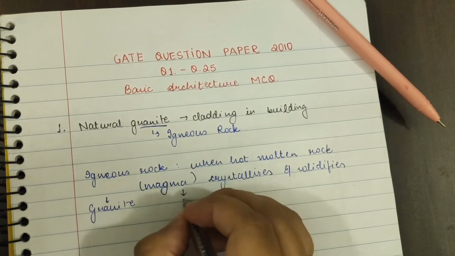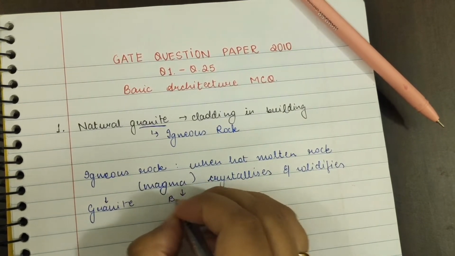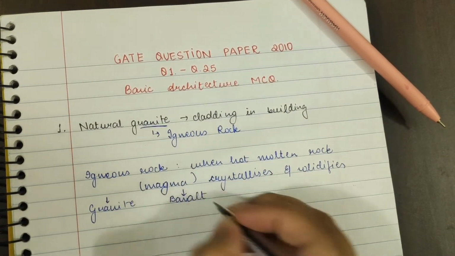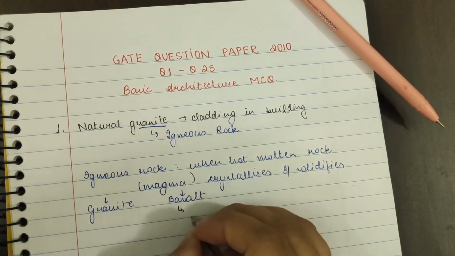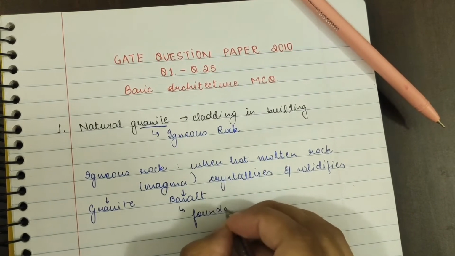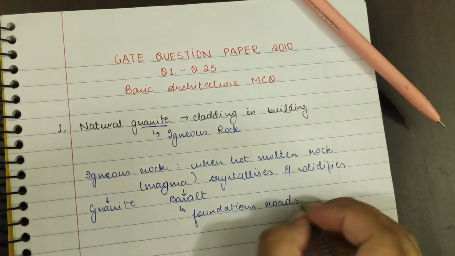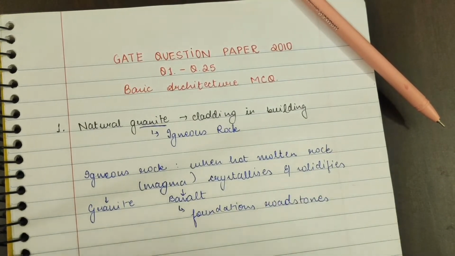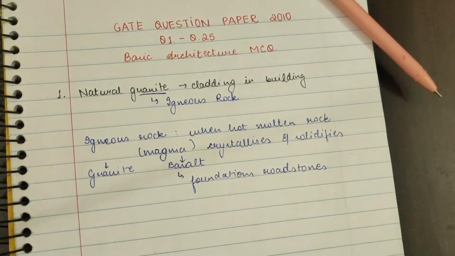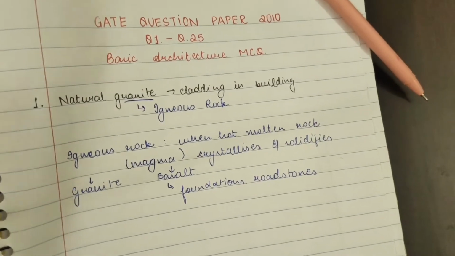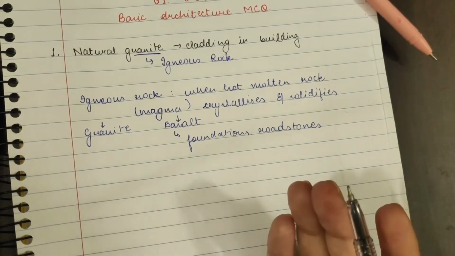You also have basalt, which is also used in many of the foundations and road stones. You'll also read about basalt in the history of architecture. Basically many of the Indian temples, Indian historic sites are also made of basalt.